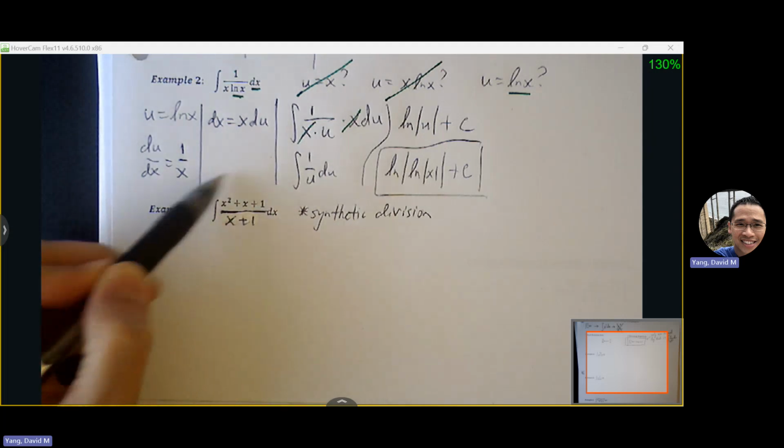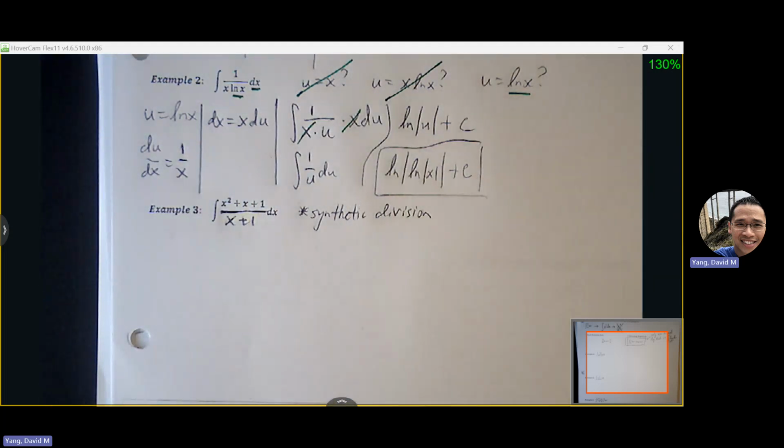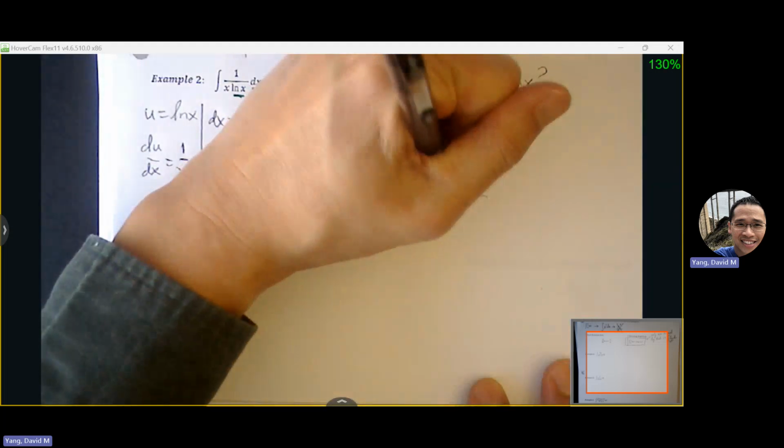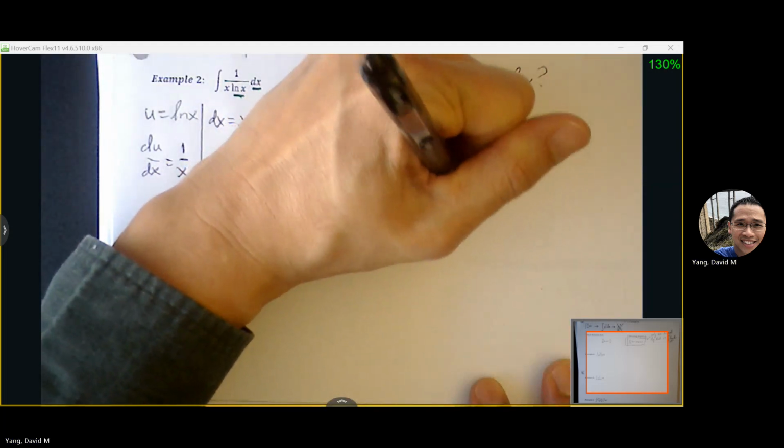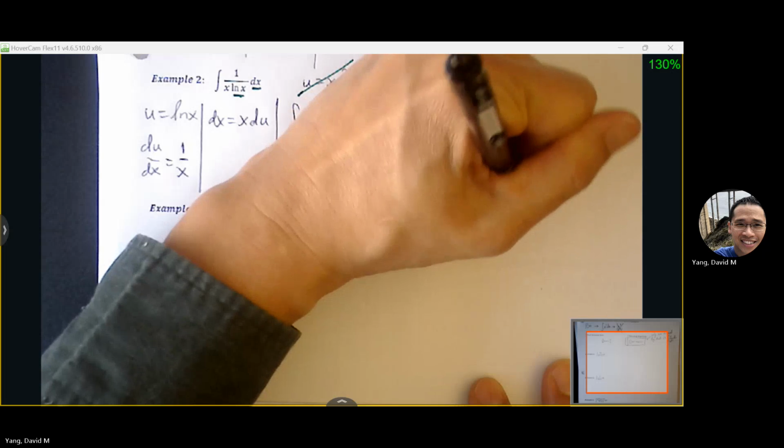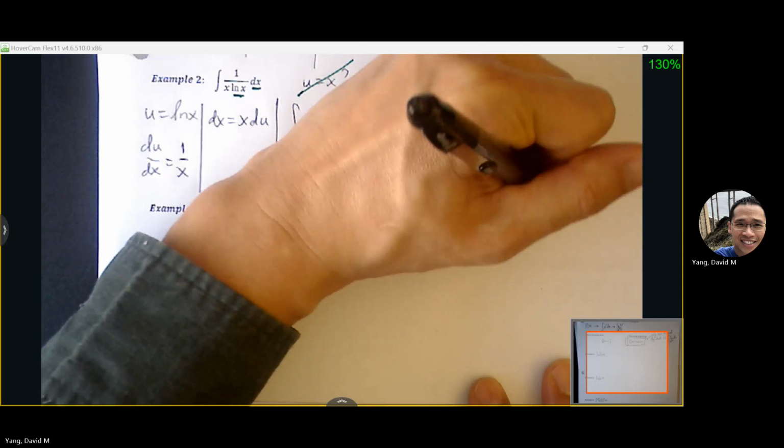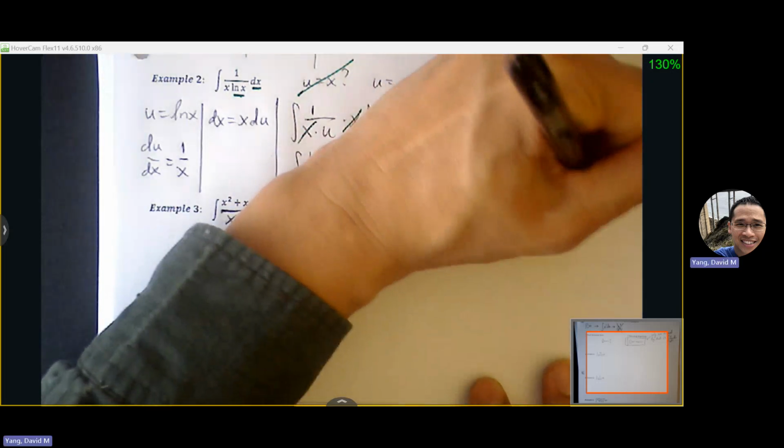So synthetic division allows us to rewrite the problem in an easier form.